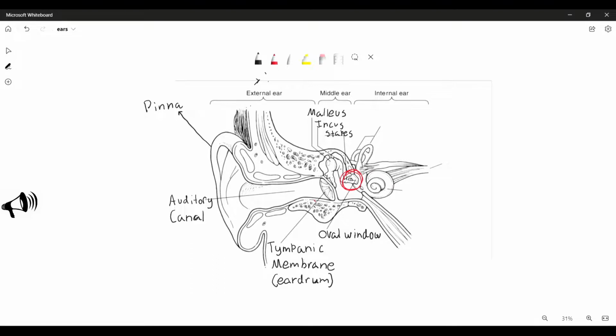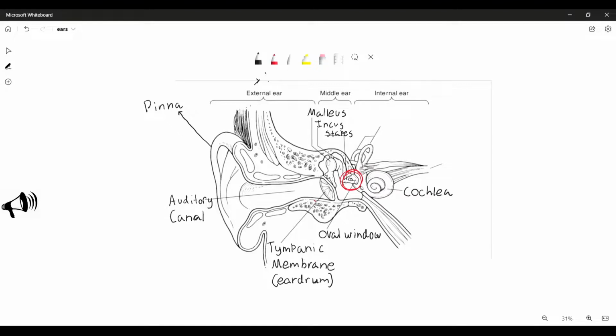Once that sound gets to the oval window, that vibration is sent to the cochlea, which is basically a shell-shaped organ within your ear, and the surface of your cochlea is made up of the organs of Corti.